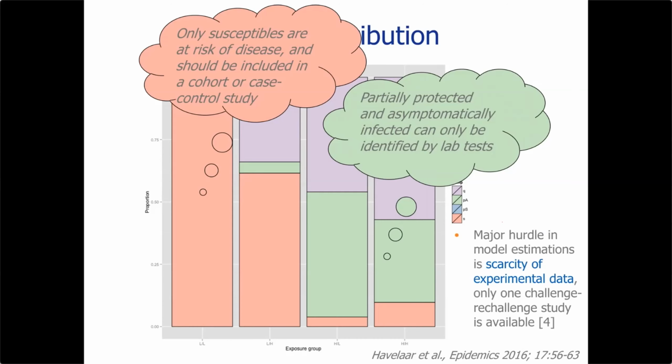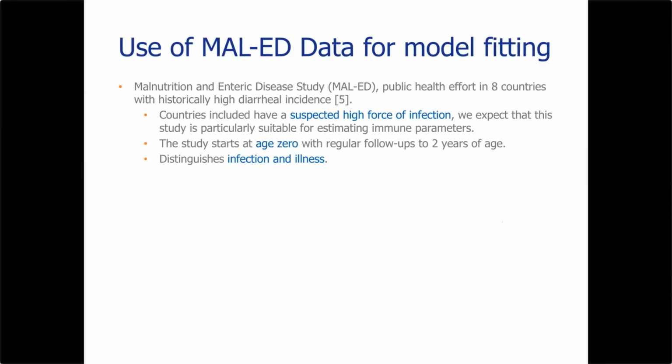But then came the MAL-ED data, which was particularly useful for our purposes and for this model. It was collected across 8 countries which had a suspected high force of infection, and that is why we thought the study would be particularly suitable for estimating the immune parameters.